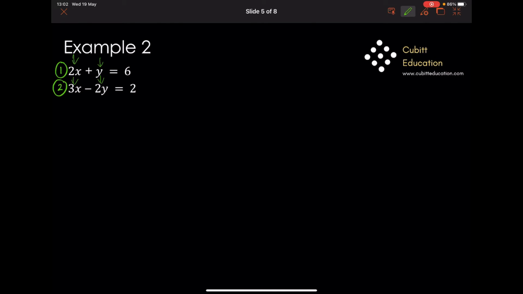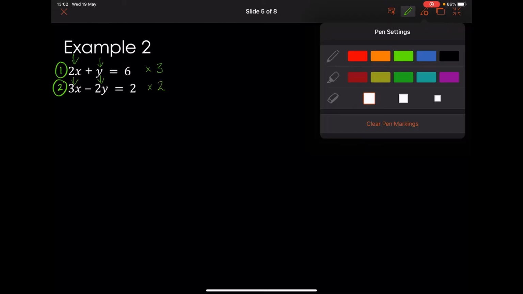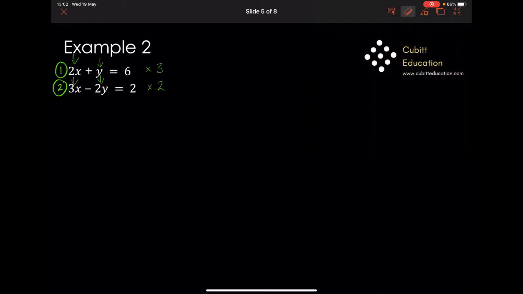What I'm going to do is times this by 3 and times this one by 2. The reason I'm doing that is because if I times this first equation by 3, it will give me 6x, and if I times the bottom equation by 2, it will also give me 6x. I have to do it to every single term. I can't just do the x's.